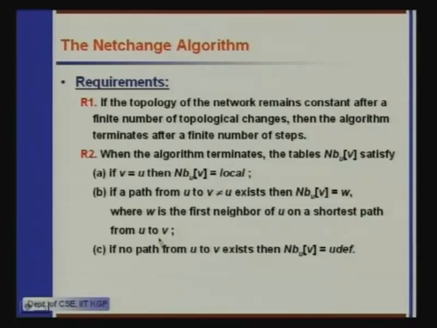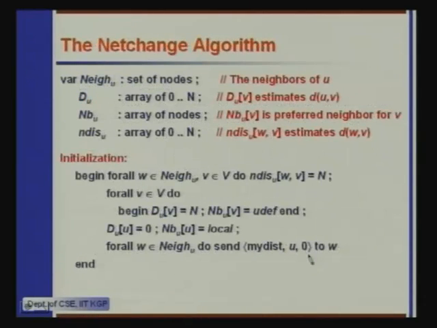So, this is what the algorithm will guarantee, that the packet is routed to the neighbor along the shortest path from u to v, and if no path from u to v exists, then NB_u[v] will be undefined. That means that the packet will simply be discarded, because it will be found that it has arrived at a node or has been generated at a node from which there is no way to reach v. These are the requirements of the Netchange algorithm.